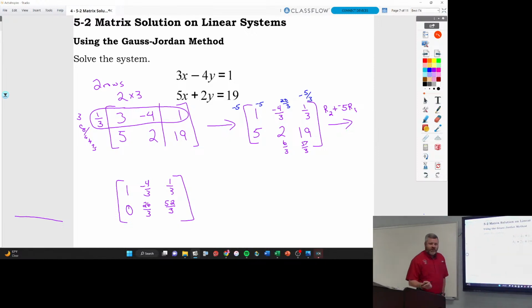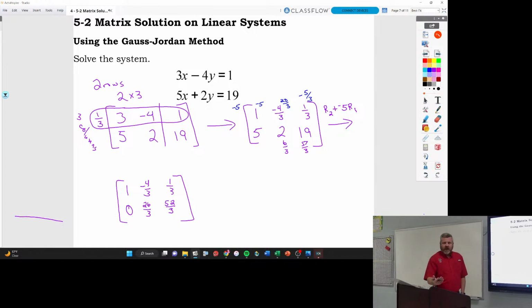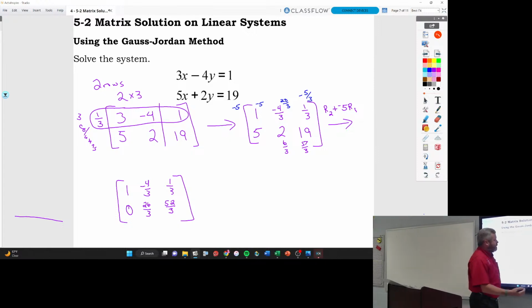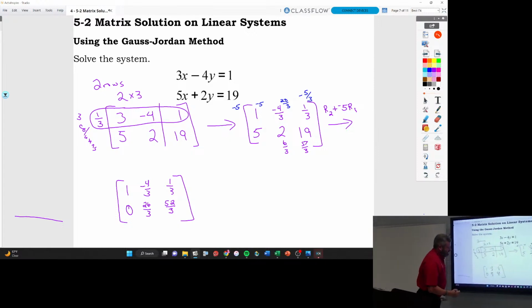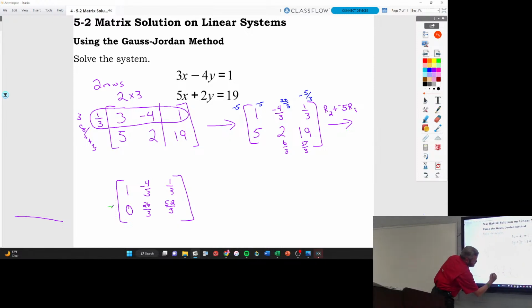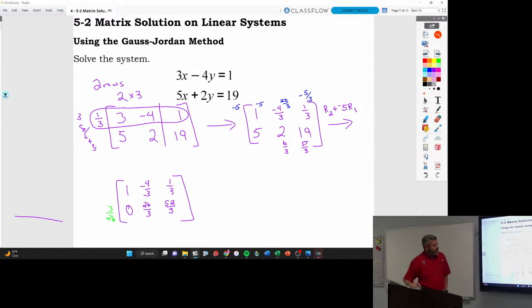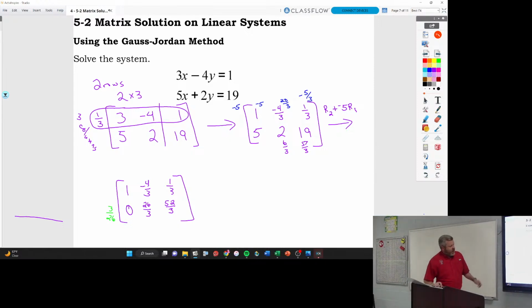Well, 26 thirds is a fraction. How do you turn a fraction into a 1? You multiply that fraction by the reciprocal. So I'm going to take the reciprocal of 26 thirds, which is 3/26. Now I know it's ugly, but we're going to do it anyway. So I'm going to multiply row 2 by 3/26.